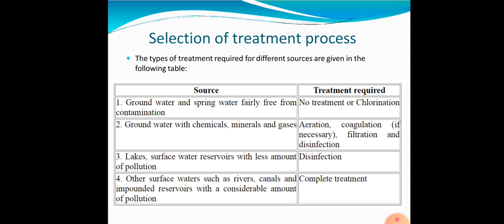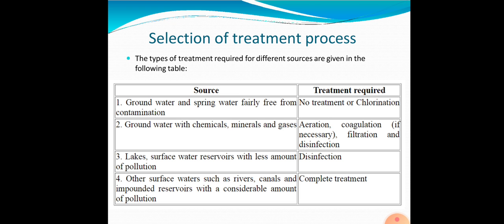Now suppose the source is a lake or surface water reservoir which is not much polluted. Again, only disinfection may be sufficient. We need not go through all the processes, but only by disinfection maybe the water can be made potable. Now other surface sources like rivers or canals or any other impounding reservoirs which have a considerable amount of pollution or which are highly contaminated, then we will have to have the complete treatment process.